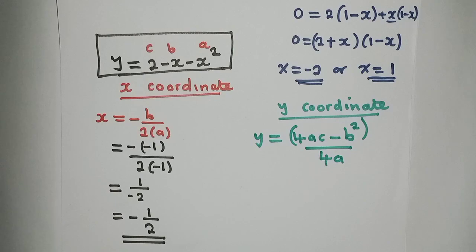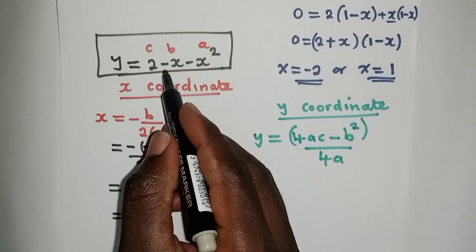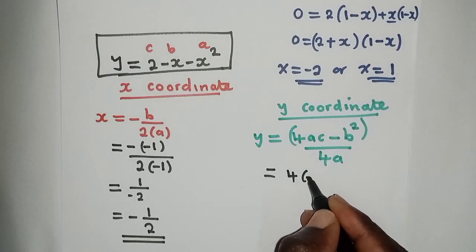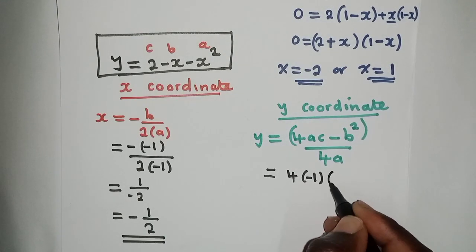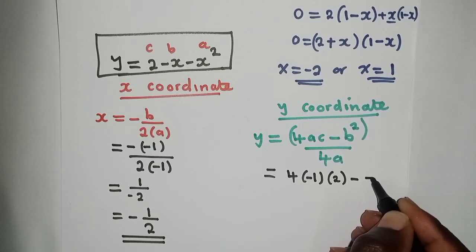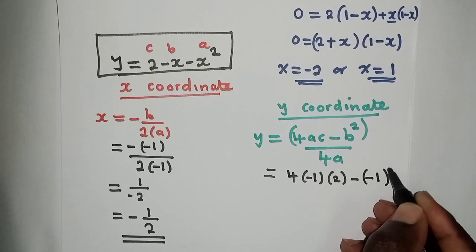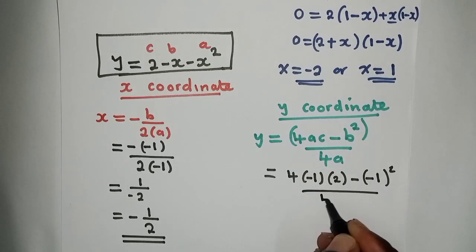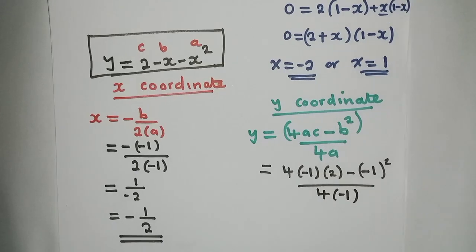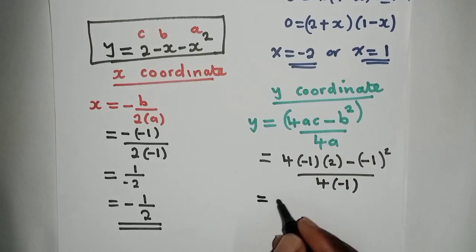From the function, we can identify our a. What is our a? We know it's -1. Our c is 2. Our b is -1 also. So we do our calculations.